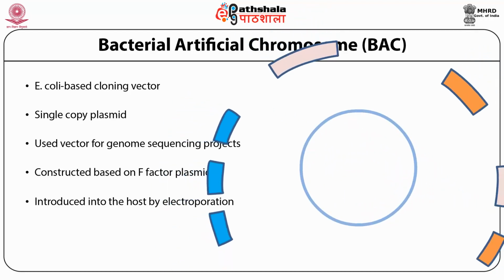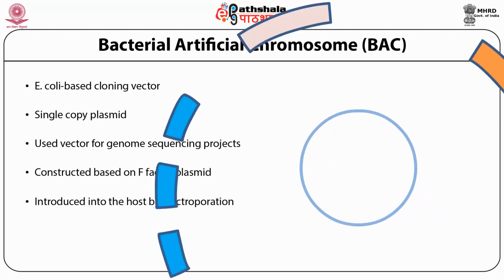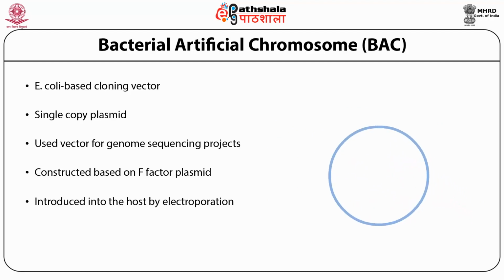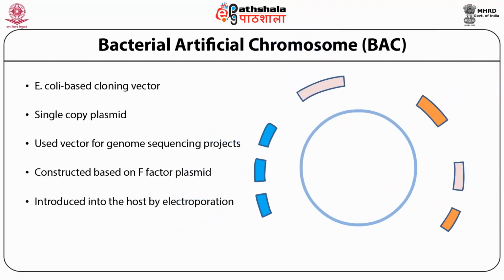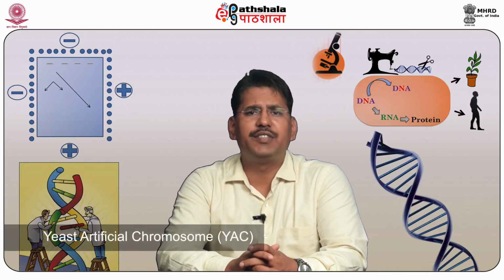After ligating with the foreign DNA, recombinant bacterial artificial chromosome is introduced into E. coli by electroporation. In the figure, you can see different parts which are necessary for a bacterial artificial chromosome. These segments are par C, par B, par A, Rep E, ampicillin resistant gene, LOXP as selectable marker, multiple cloning sites, and COS-N region.